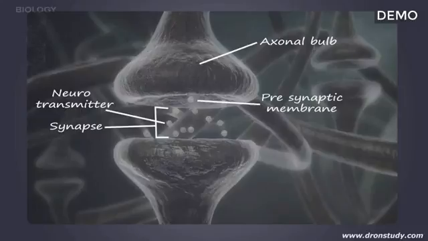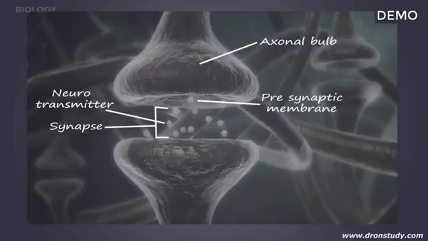So presynaptic membrane. It is the neuron which is going to send the nerve impulse.